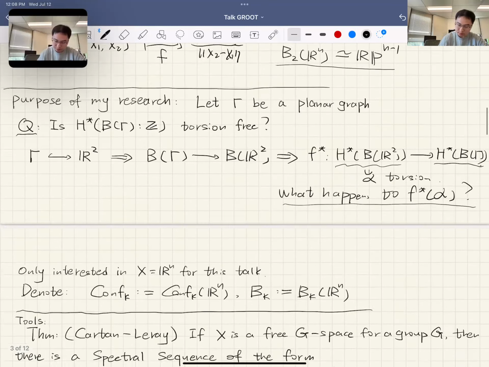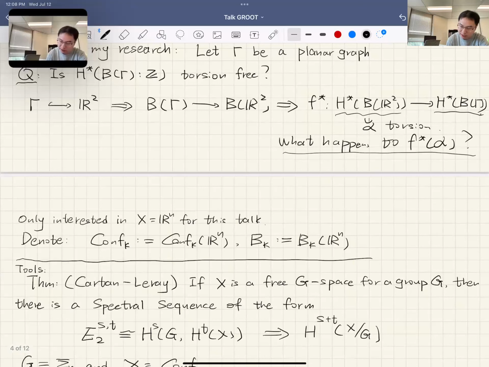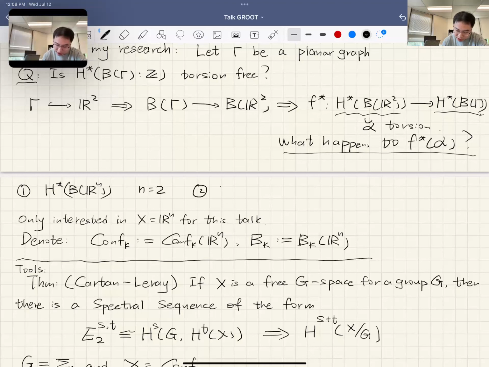Okay. So this simply divides my question into 2 parts. The first part is that I want to study the cohomology of configuration spaces of R^n. Then I'm going to restrict attention to n equal to 2, and study the cohomology of configuration spaces over a planar graph.